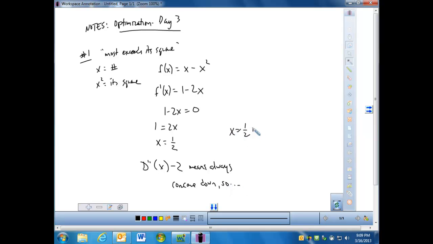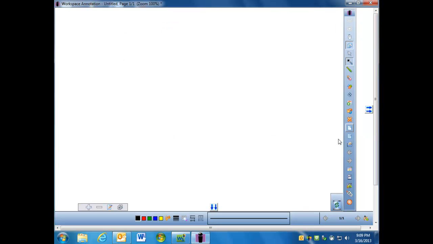And so -2 is negative, obviously, so it means it's concave down, and so that means 1/2 obviously is a maximum, and its square would be 1/4. And if you subtract those, that 1/4 is the biggest difference you ever have. That's the most that number ever exceeds. Usually the square is bigger.